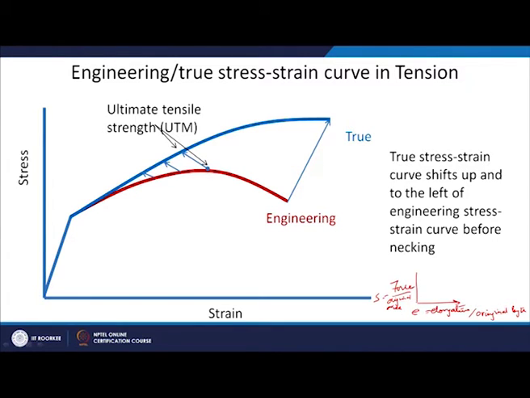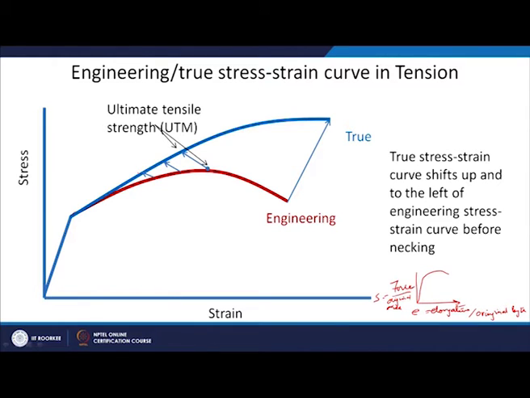So we can get whatever is the curve. Now, as I told you, you can find out the true stress strain curve from that, okay. When I am deforming, length is increasing and area is reducing, so my true stress values are more than the engineering stress.